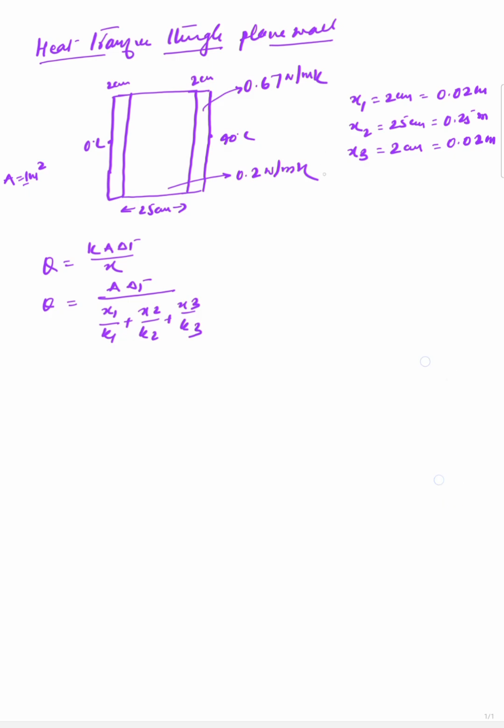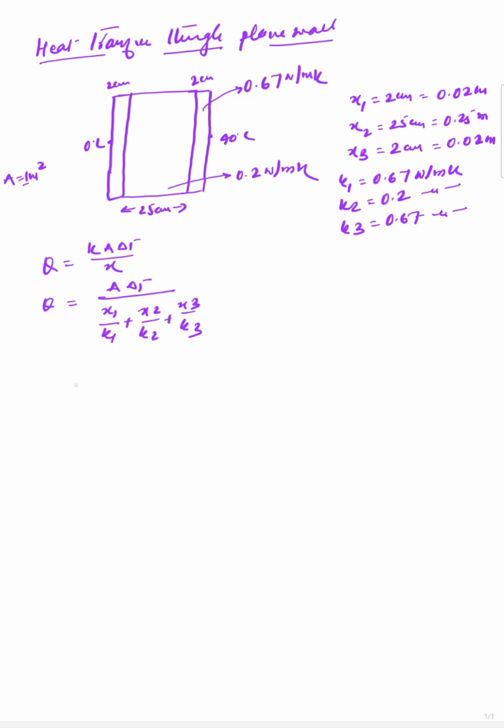Similarly, thermal conductivity k1 is equal to 0.67 watt per meter per Kelvin, k2 is 0.2 and k3 again 0.67, all in watt per meter per Kelvin.